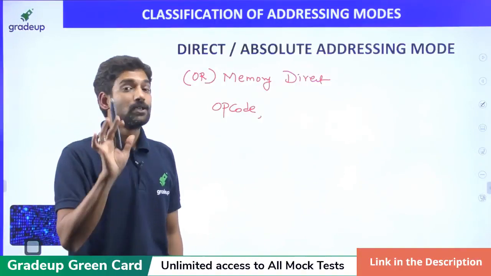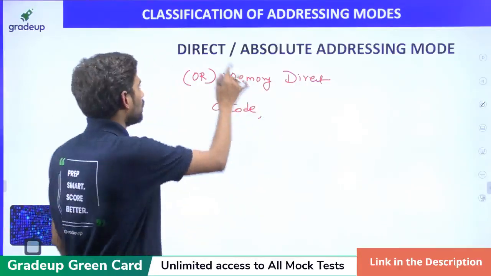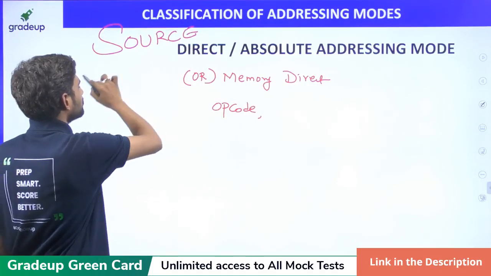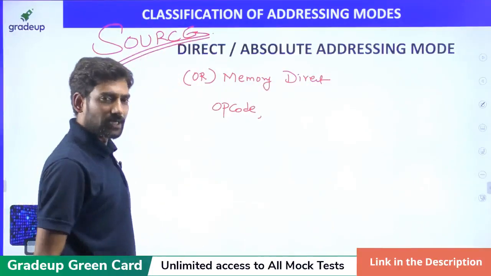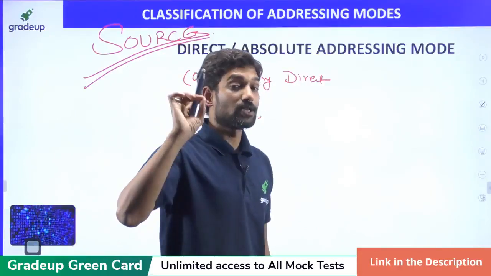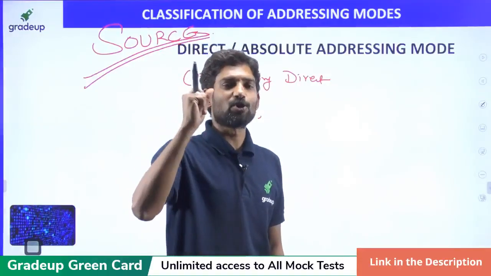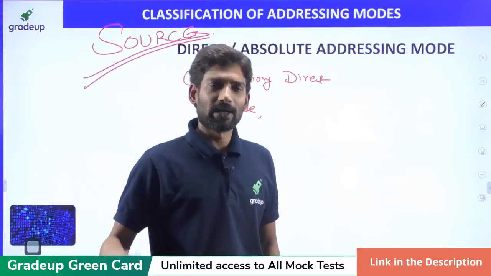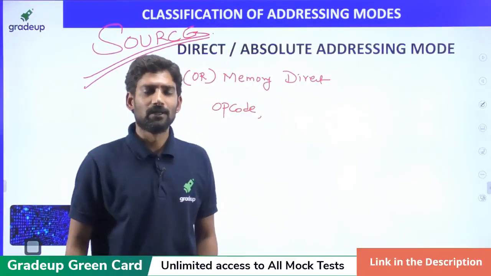Mind about source operands. What we have to look at? The source operand. How the source operand is represented. Why, sir? Why you are not considering the destination?